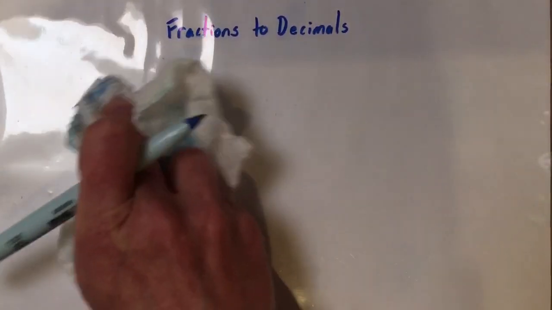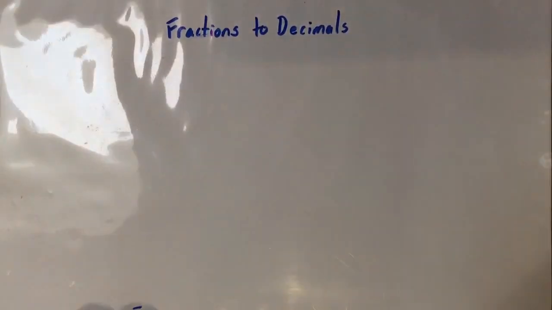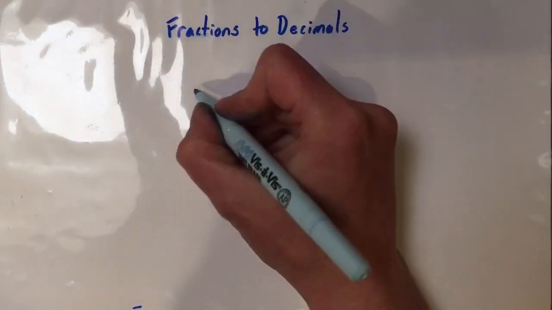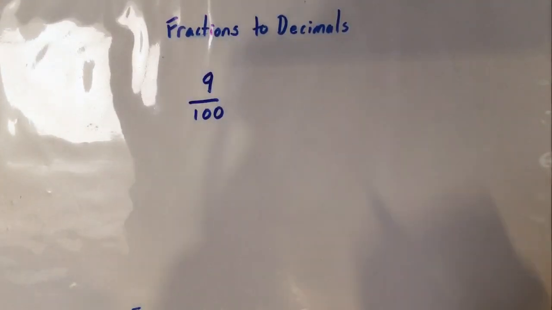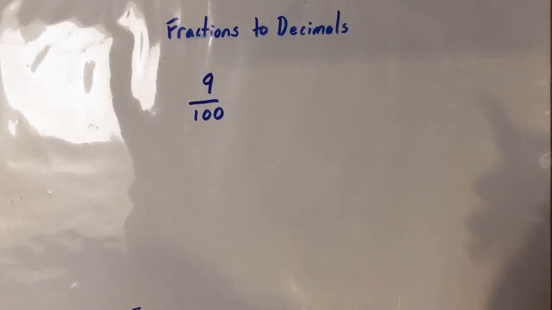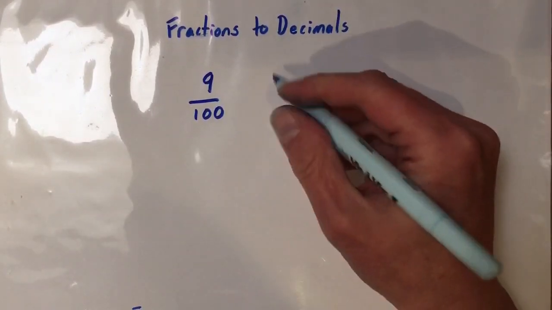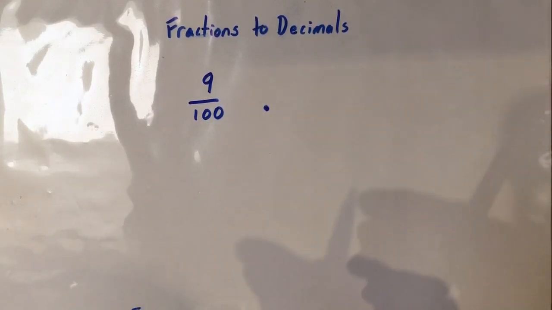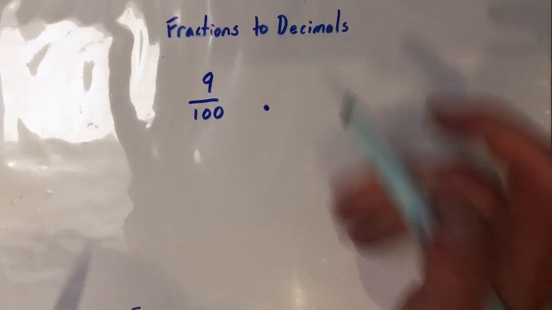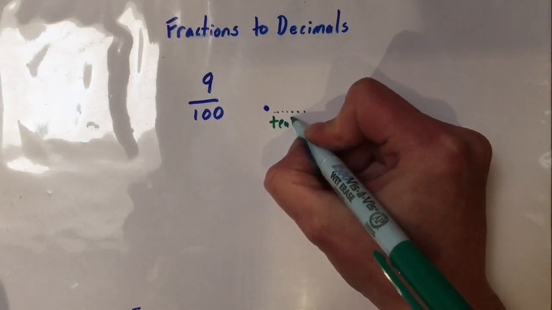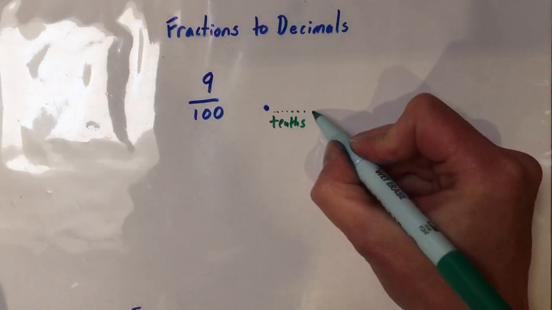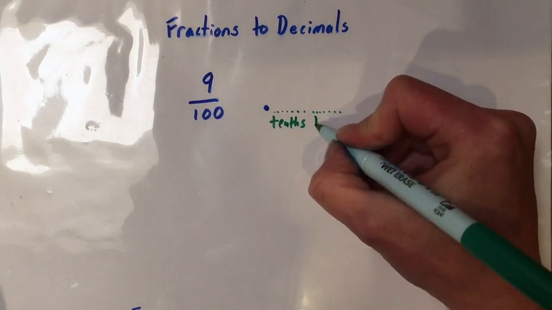So let's look at the fraction 9/100ths. If I have 9/100ths, I need to think about how that will look as a decimal. So here's my decimal point, and I know that this is the tenths place, and then next would come the hundredths.